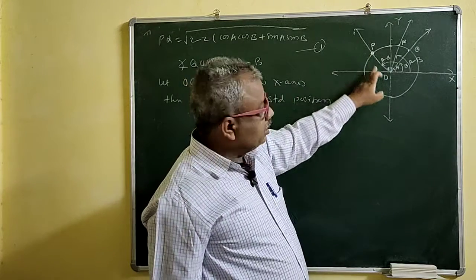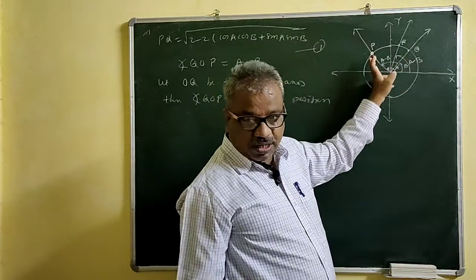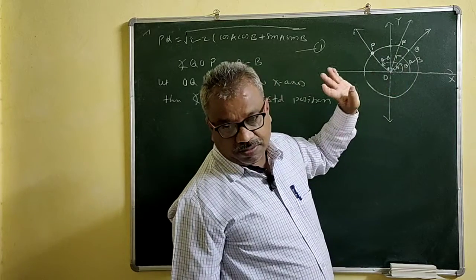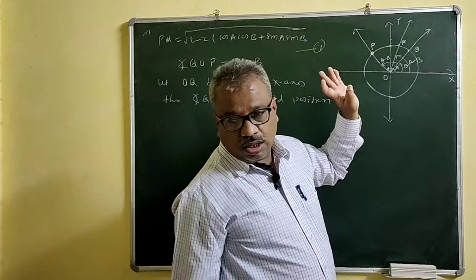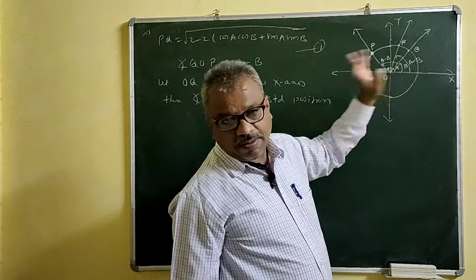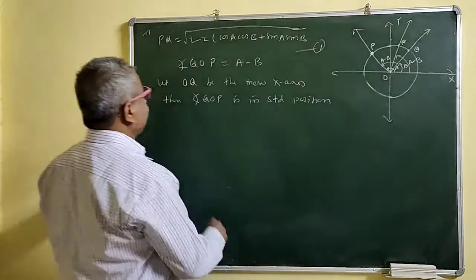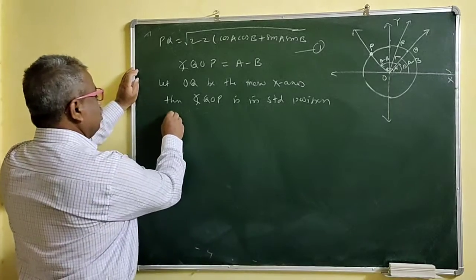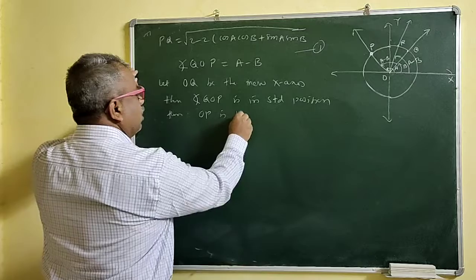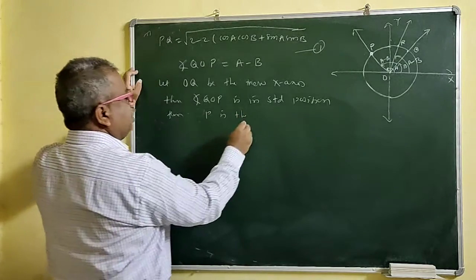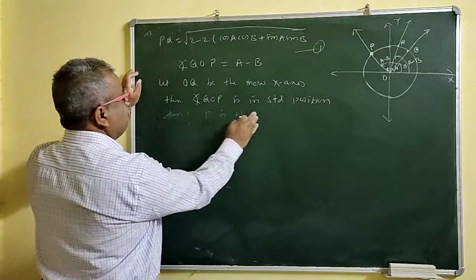P is the point of intersection of the standard unit circle and the terminal arc of angle A minus B. Your OQ is in standard position, that means your OQ is on the x-axis. Directly you can write this, no problem here.